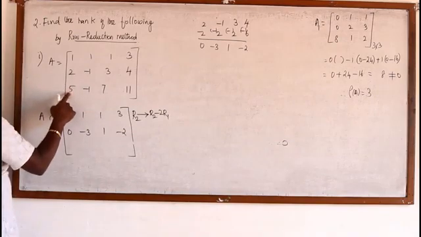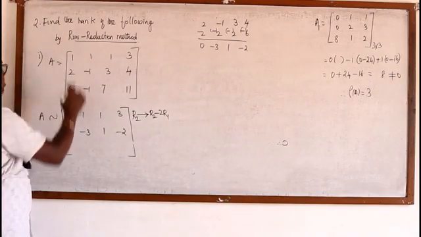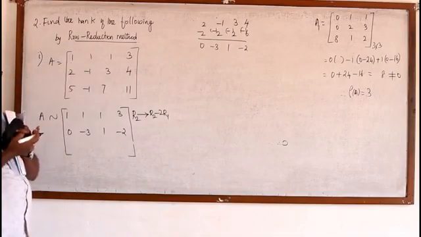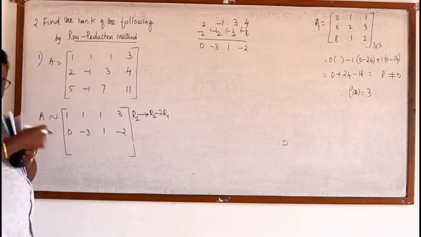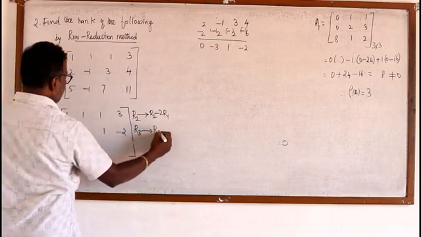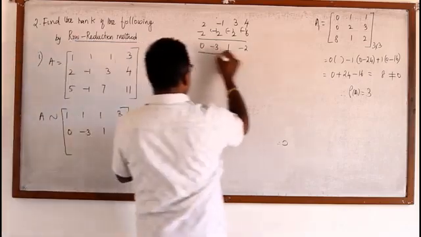Now, I need this 5 also to be 0. Let me operate with the same R1. When I multiply this one by 5, 5 minus 5 equal to 0. But I cannot do it for a single element. I must do it for a complete row. That is, R3 is written as R3 minus 5R1. Better you write it in the left column.